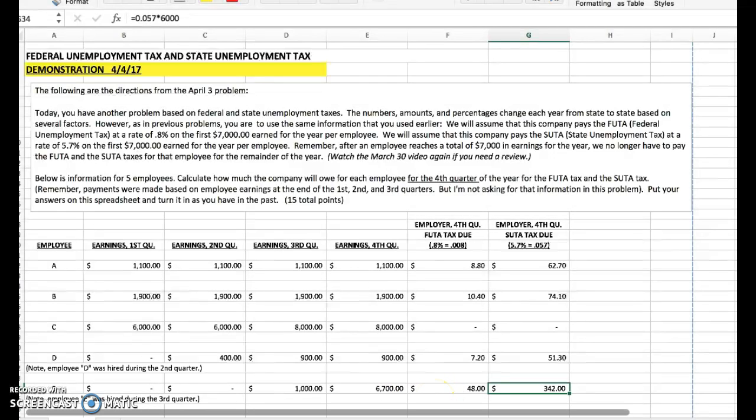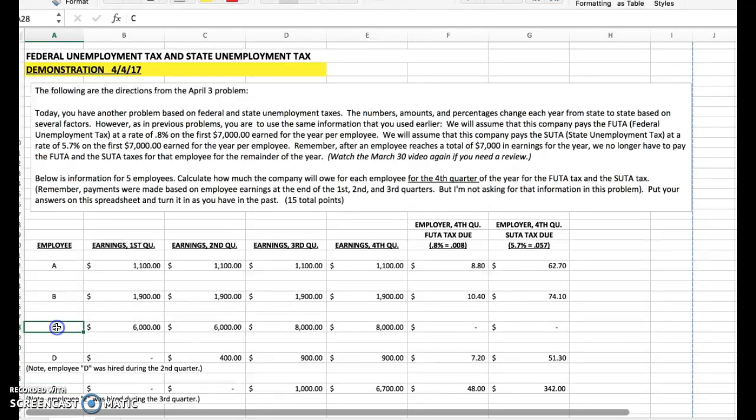That's how it's calculated. So you see that you need to keep track of the total earnings, but you need to pay only on the first 7,000, number one, and you're paying based on the quarter's earnings. If you pay anything at all for an employee, it's based on that quarter's earnings. In this problem, I think it's important that you pay attention to particularly employee B and employee E. Those two there are a bit more complicated.